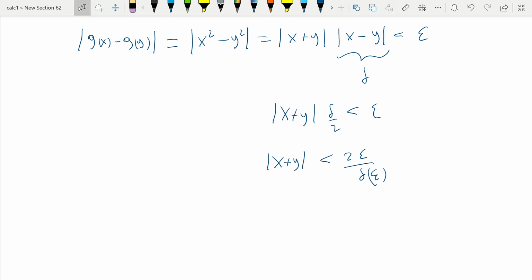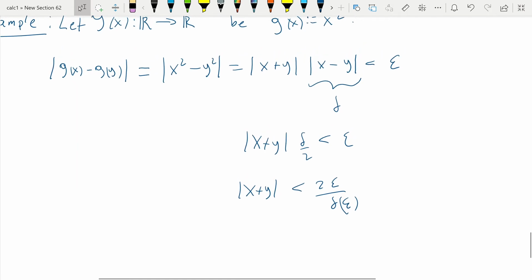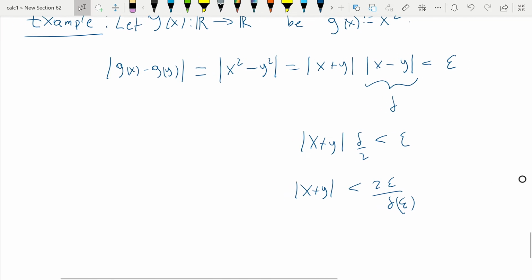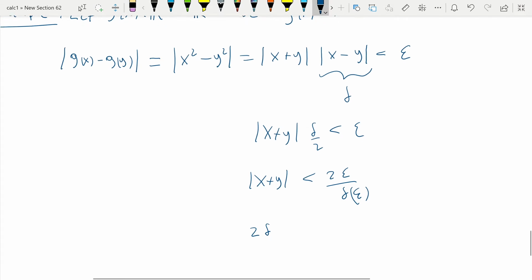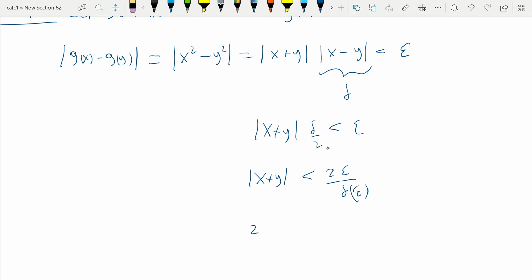Just pick x equal to y, or really close to y if you want, say delta over 2. So you can pick y plus delta over 2, which would give you 2y plus delta.